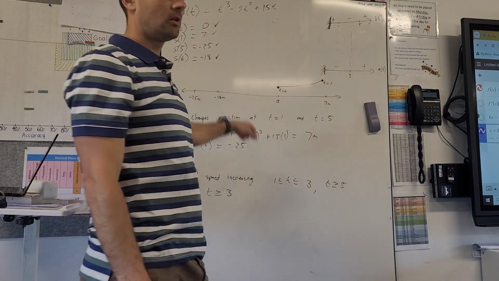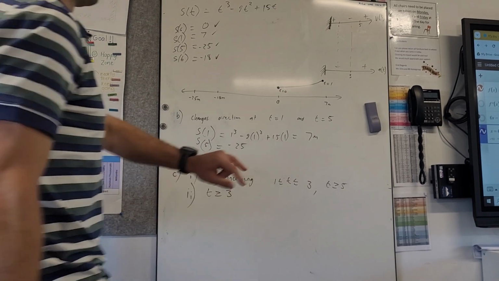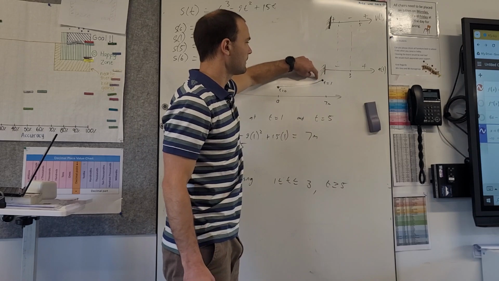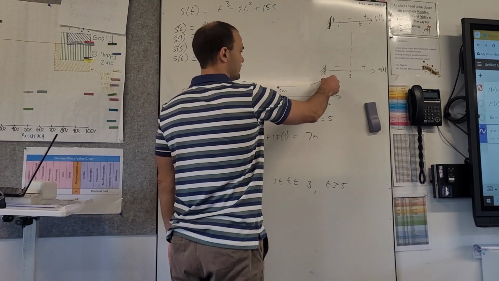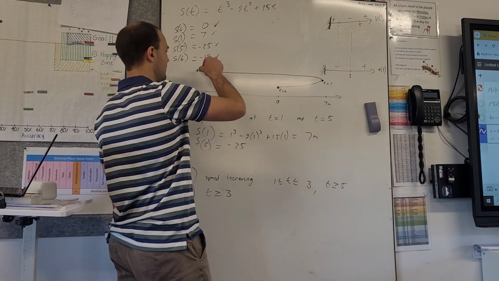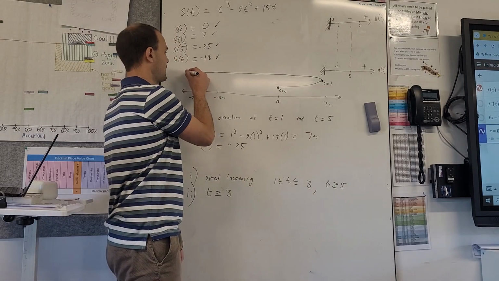We're just plotting that point to show you it's traveled along there. We can see it has positive velocity, that means it's moving to the right. But here it changes direction and starts going to the left, and it goes all the way to the left until we get to this point when time is 5.